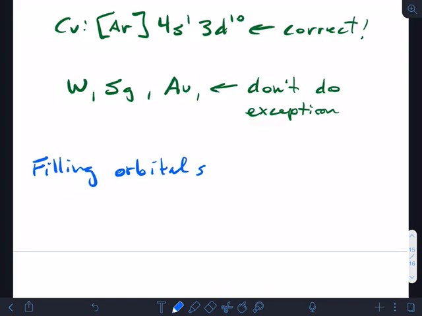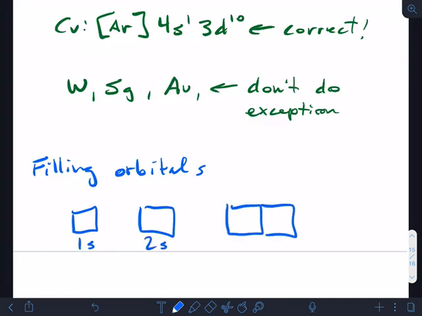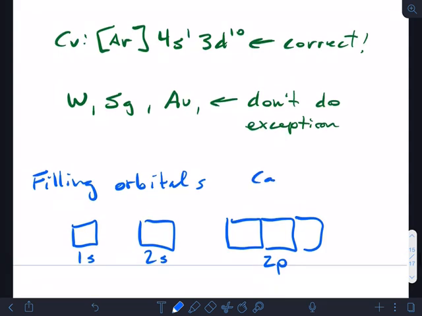Okay, so we fill orbitals like I've been talking about. We start at the top left and we read left to right, and that's how we fill our orbitals. So if I have a 1s, then I'll have a 2s, and then it'll go to 2p, right?